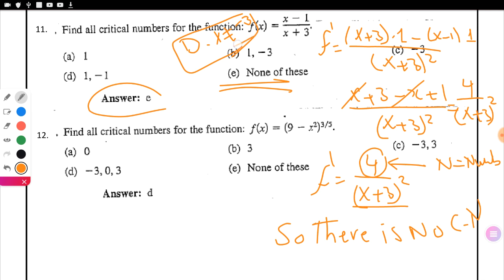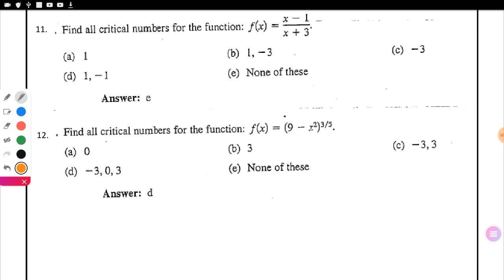Here, x equal negative 3 is not included in the domain. And the first derivative is impossible to be 0 because the numerator is a number, so I don't have any values of x at which the first derivative equals 0 or does not exist. That is why there is no critical number.